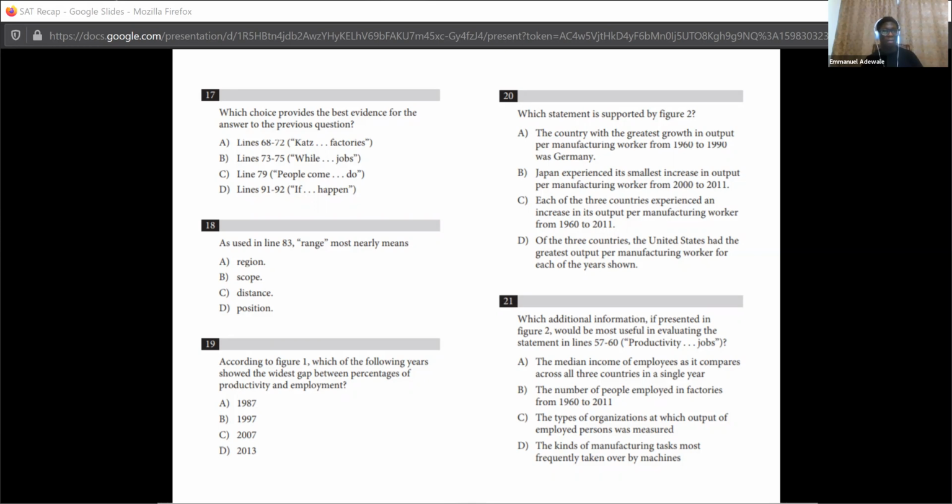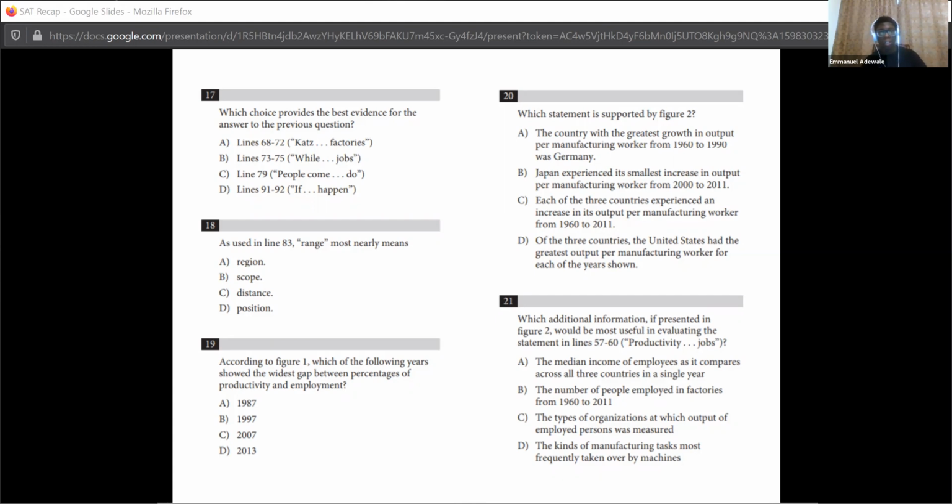For number 19, according to figure 1, which of the following years showed the widest gap between percentages of productivity and employment? With this one, you'll all want to go back to the end of the passage and look at figure 1.